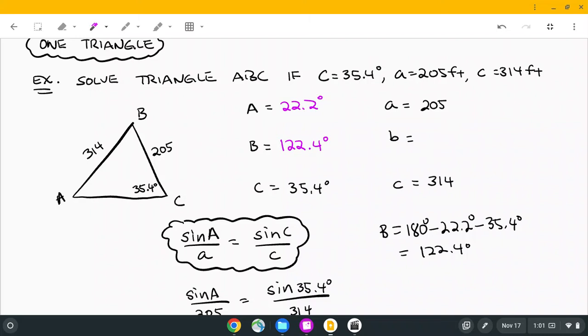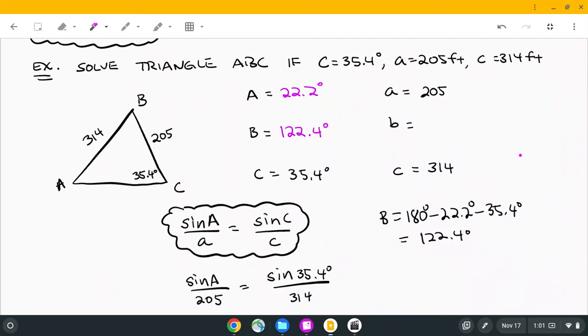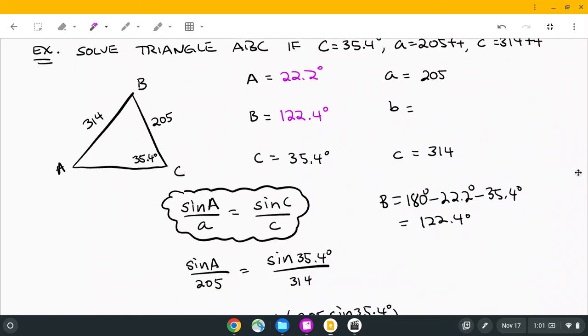So now you can do law of sines to find lowercase b. Lowercase b over sine 122.4 should equal, I'm going to use the c's because these were given to me. If I make a mistake here, then the mistake will show up in this calculation.